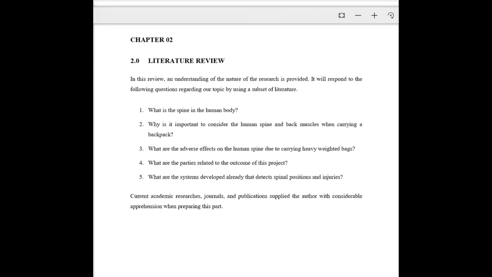Chapter 2 is about literature review. In this chapter, an understanding of the nature of the research is provided. This part is developed by referring to the previous researches, journals, articles, and publications related to this research area.